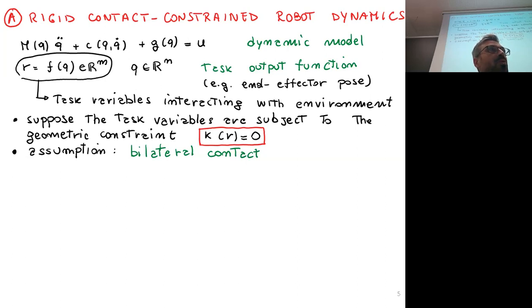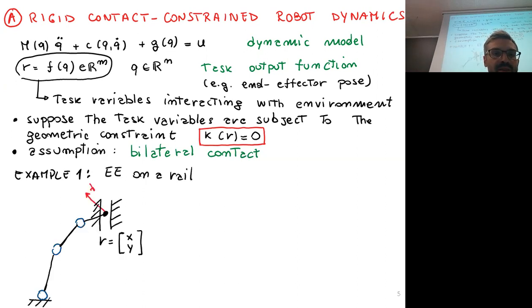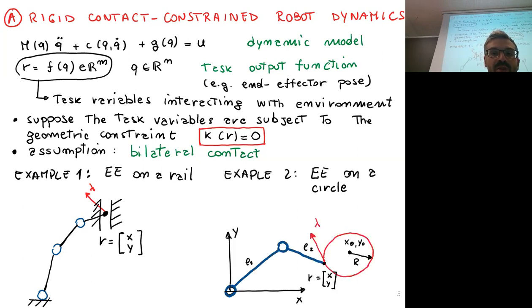While in case you're pushing on the wall, you have only a unilateral constraint. So this is, for example, if you want to design a robot that needs to move on a rail, needs to perform some constrained operation, or for example, moving on a circle. In this case, the constraint is circular.